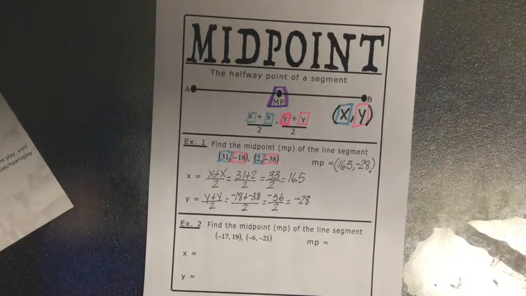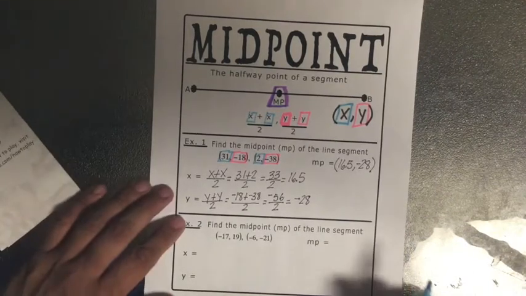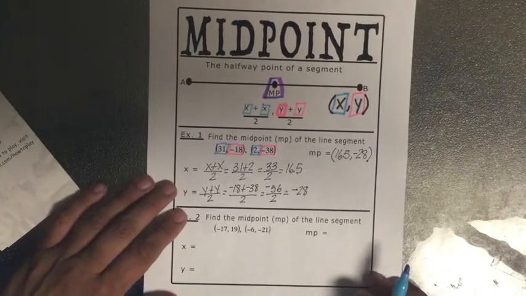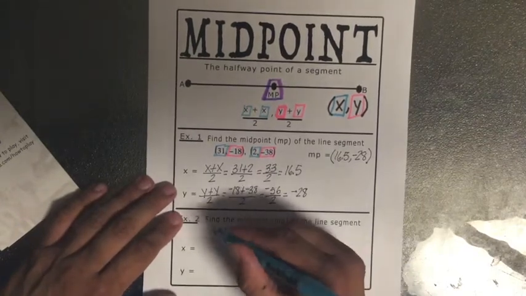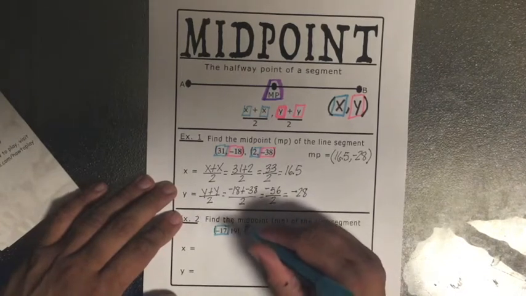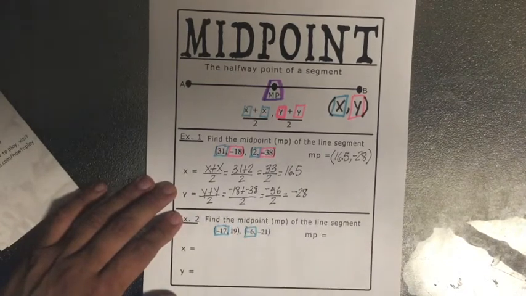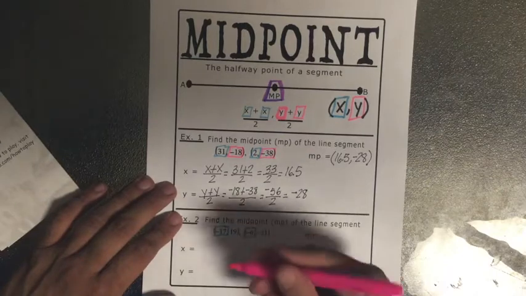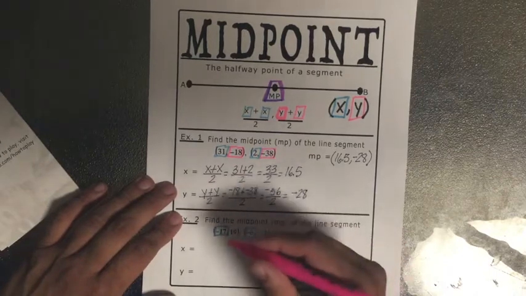So let's do the same thing for example 2. Right? So our x's are in blue, and our y's are in pink.